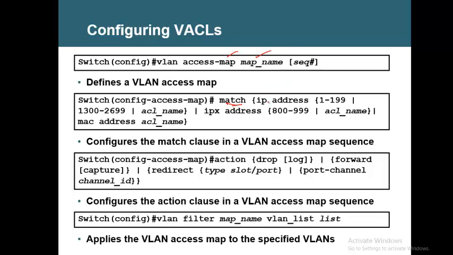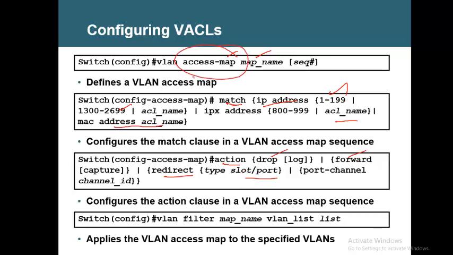We call either a layer 3 access list or a layer 2 MAC access list. If the match happens, we say the action needs to be drop, forward, or redirect to some other port.